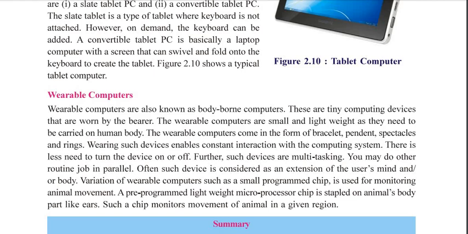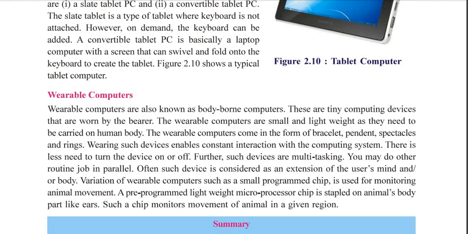Often such devices are considered an extension of a user's mind or body. A variation of a wearable computer is a small programmed chip. What is there in this wearable computer? A small programmed chip is used for monitoring an animal's movement.